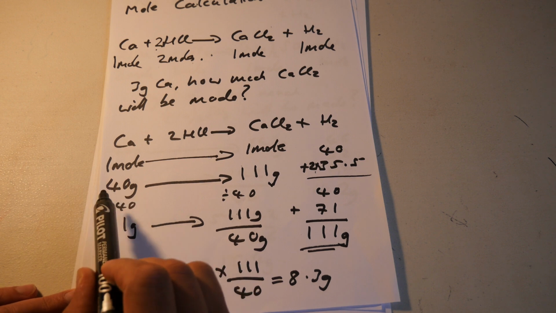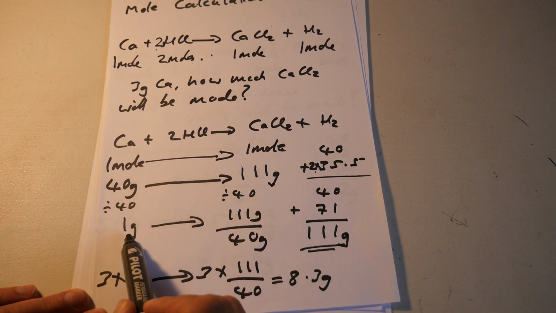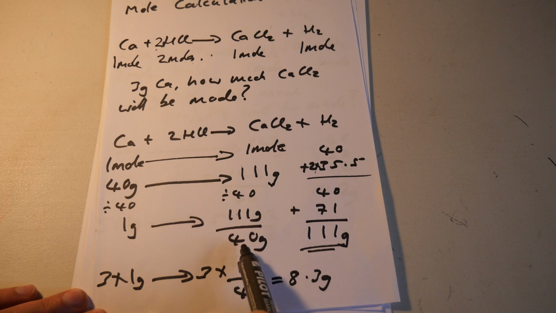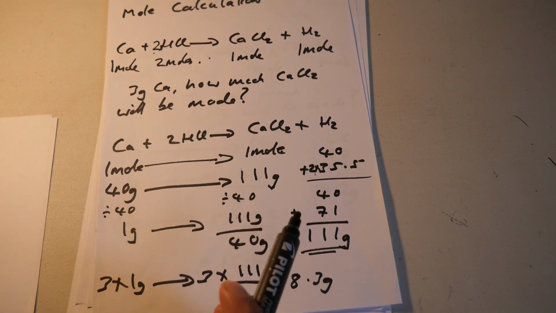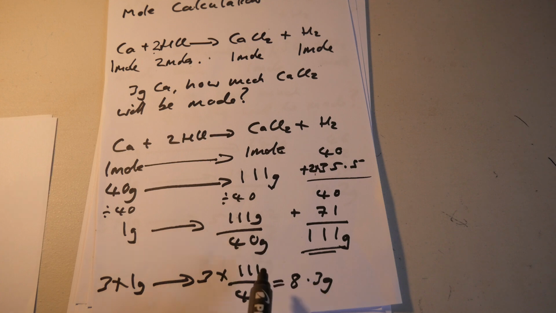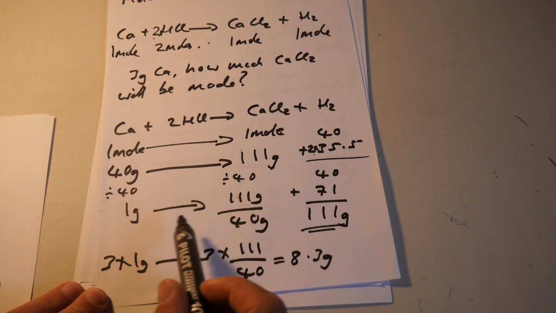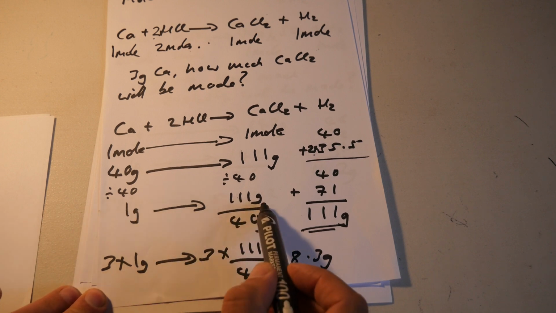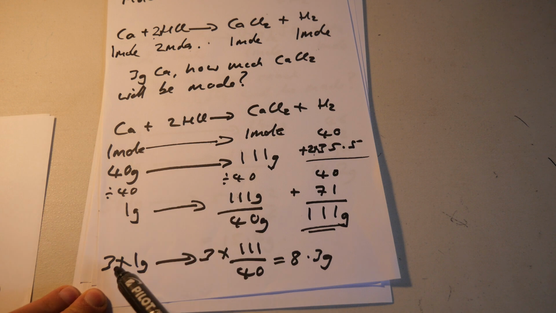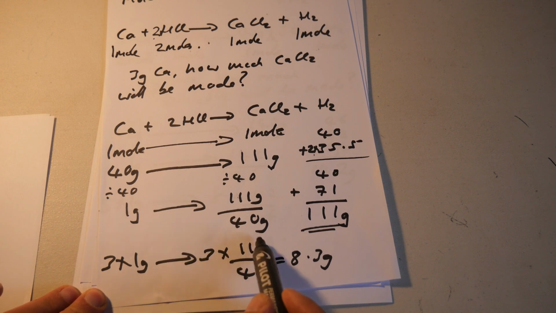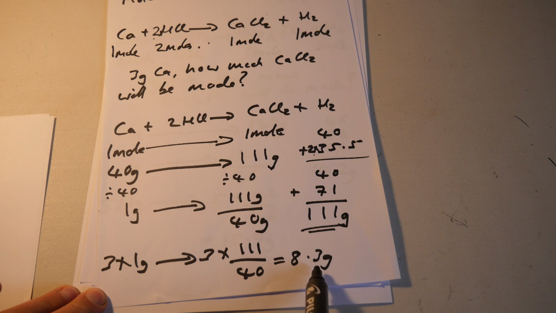Therefore, 1 gram: if you divide both sides by 40, 1 gram gives 111 divided by 40, which is 2.755. And then because you got 1 gram giving this, we want 3 grams, so 3 times 1 gram gives 3 times this, which equals 8.3 grams, okay?